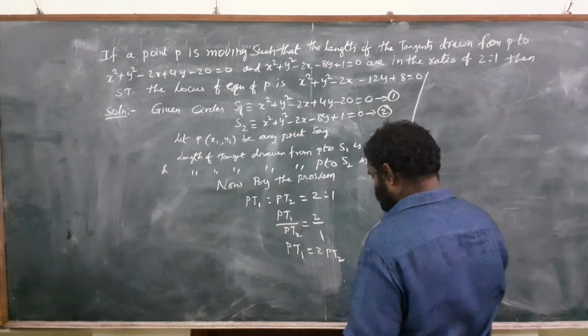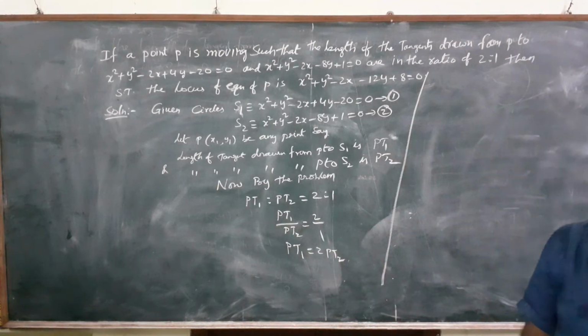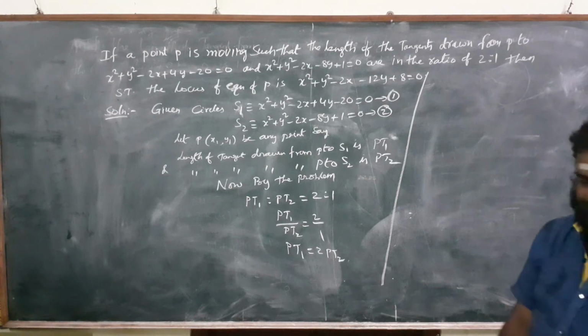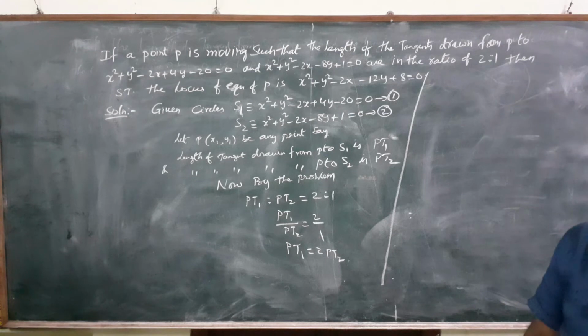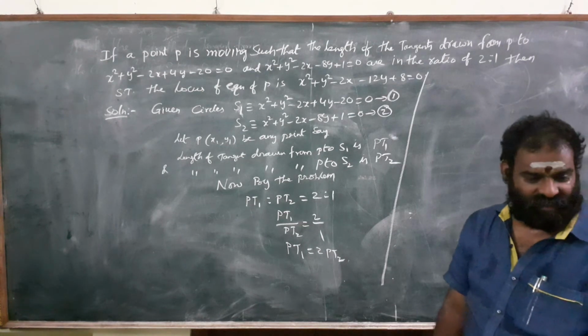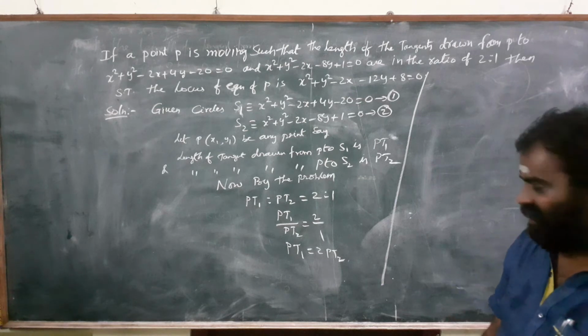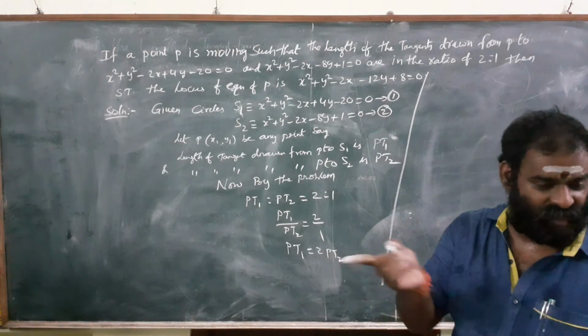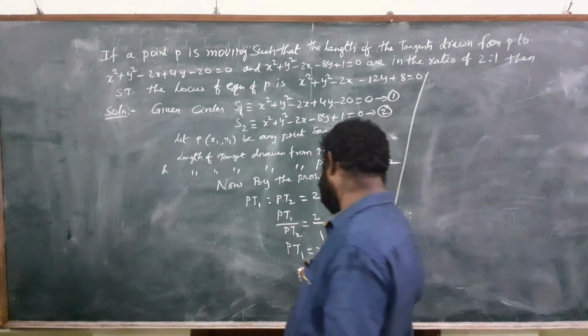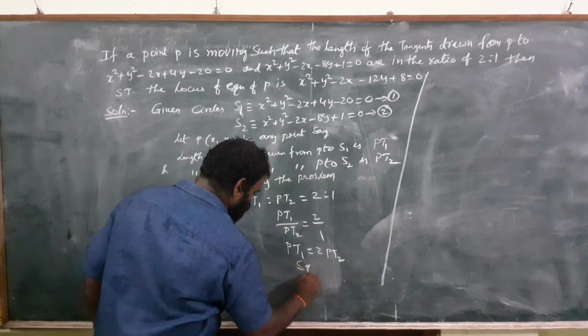So you have to understand clearly here what PT1 is. PT1 means the length of the tangent from P to S1. The length of the tangent formula is root S11. For our sake, to cancel the square roots, we have to square both sides.